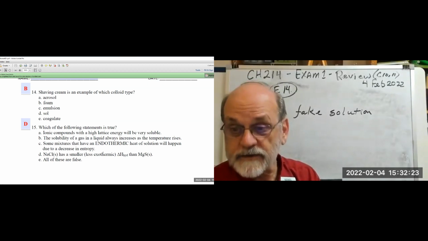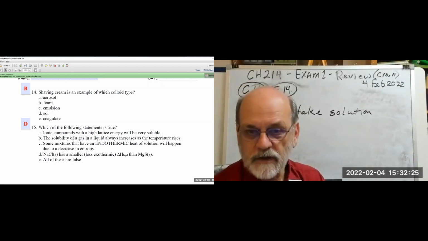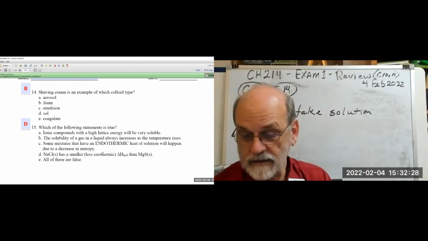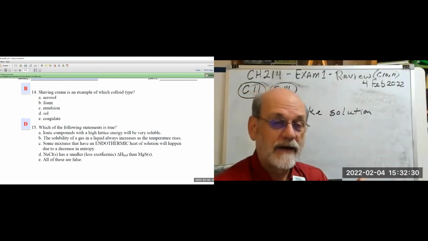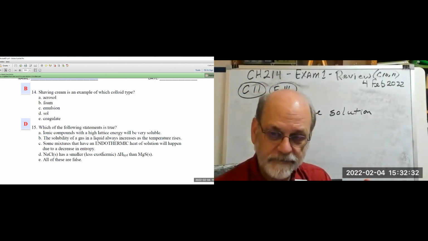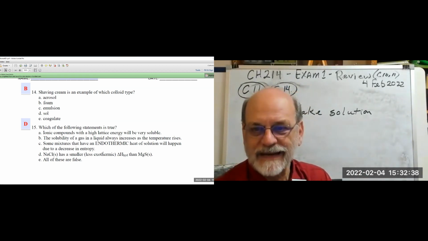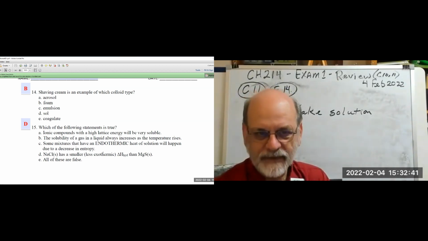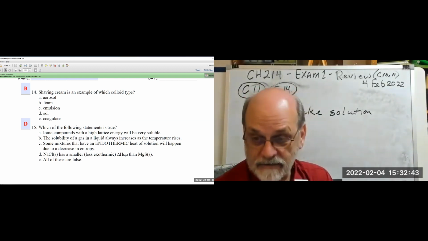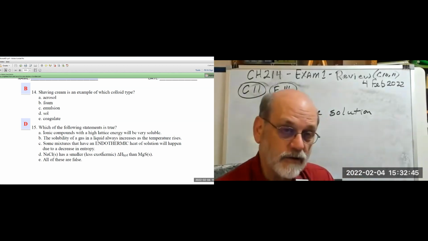It has some of the characteristics of a solution, like the solute does not separate. I should say it's not a solute, because that's for solutions. The suspended medium does not separate from the suspending medium. In that respect, it behaves like a solution.